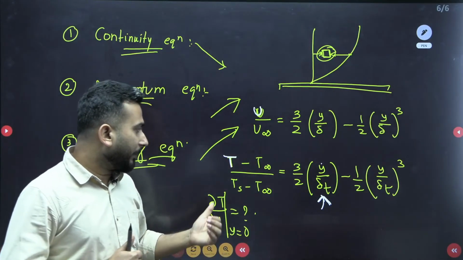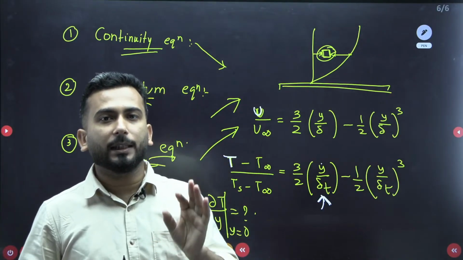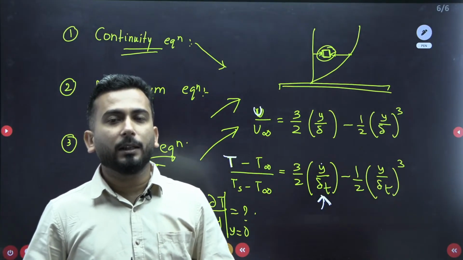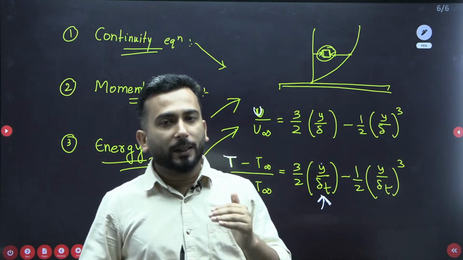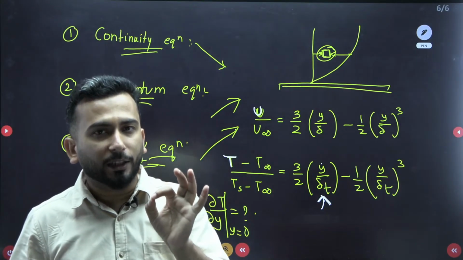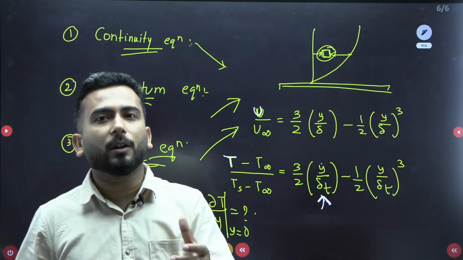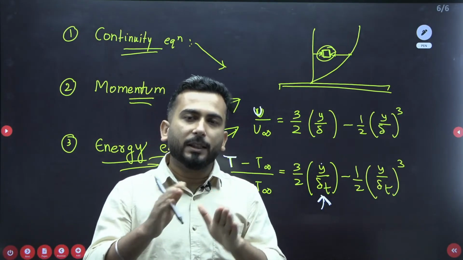Now you will be asking me, sir, till now you were talking about only one h, that means one heat transfer coefficient value. Now you are talking about h at different locations. So actually the h value that we generally use is the average of all the values. Why?